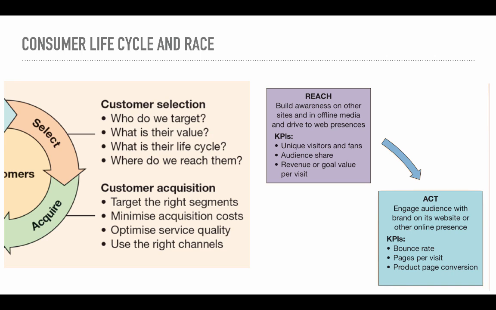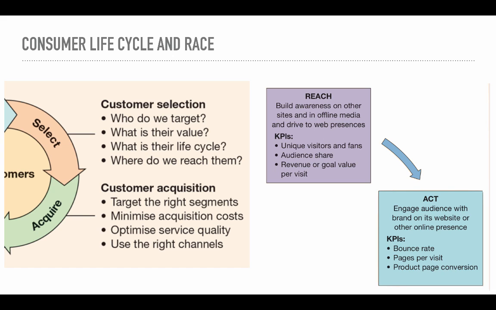So having a closer look. So we've got customer selection, and we've got customer acquisition. We have reaching, and we have acting. So at the heart of it, the reach part is a happening of the selection. So building awareness of the sites and offline media. So we're being aware of who the people are.